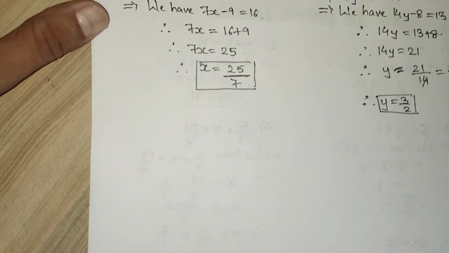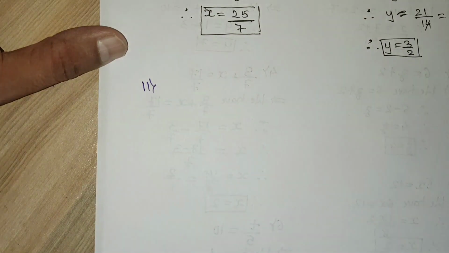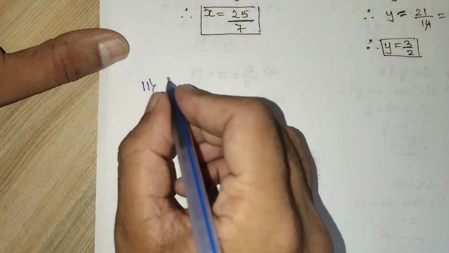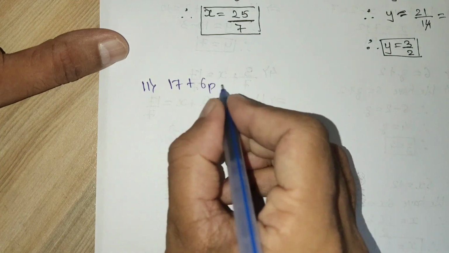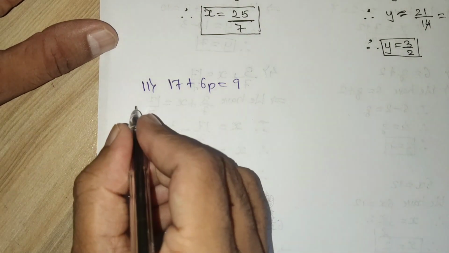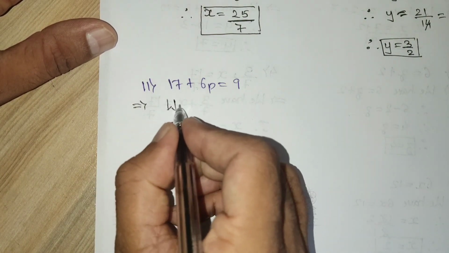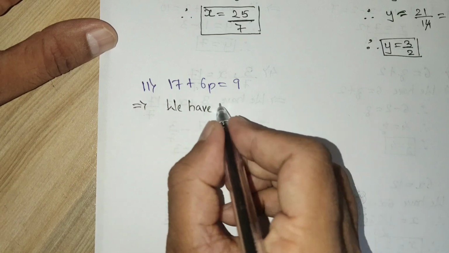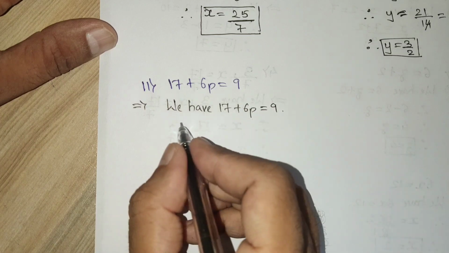Now question number 11. 17 plus 6p is equal to 9. We have 17 plus 6p is equal to 9.